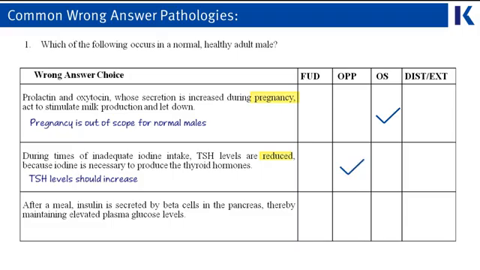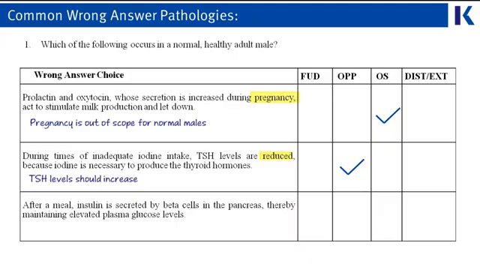Our final wrong answer says, after a meal, insulin is secreted by beta cells in the pancreas, thereby maintaining elevated plasma glucose levels. So we're dealing with more endocrine regulation here. Glucose levels rise after a meal. This, of course, stimulates a hormonal response to bring blood sugar levels back to normal. The hormone is, in fact, insulin, and it is secreted by beta cells.